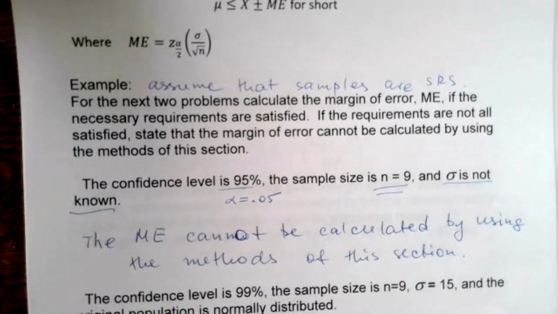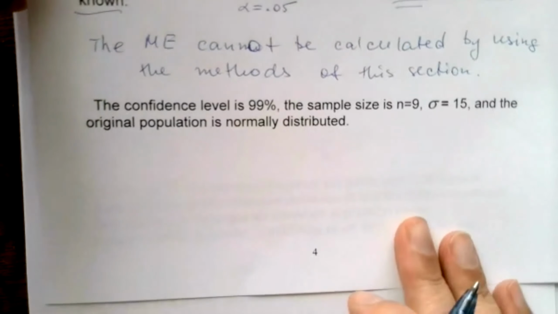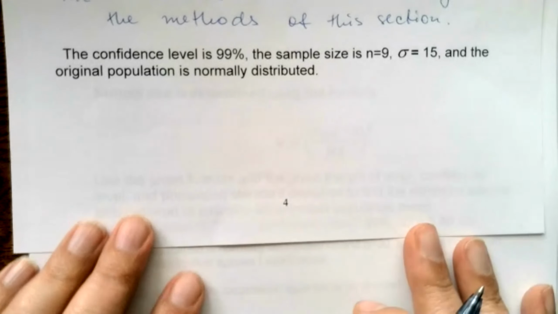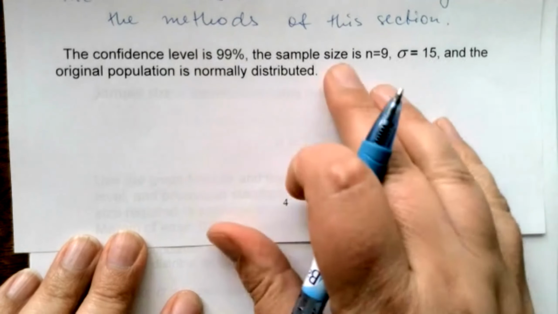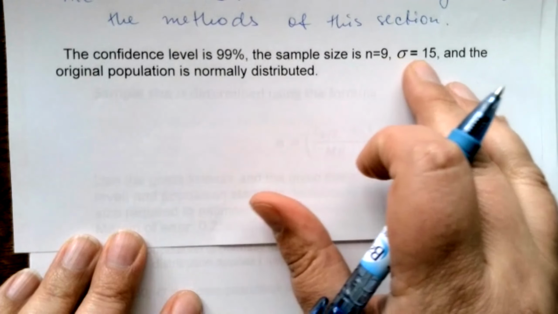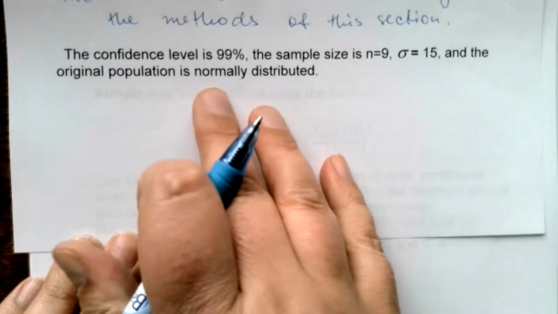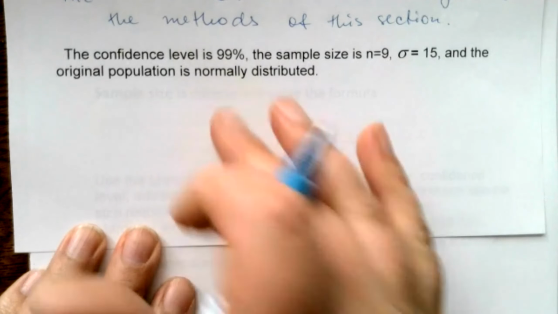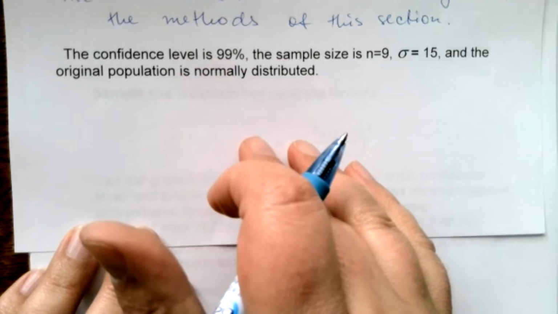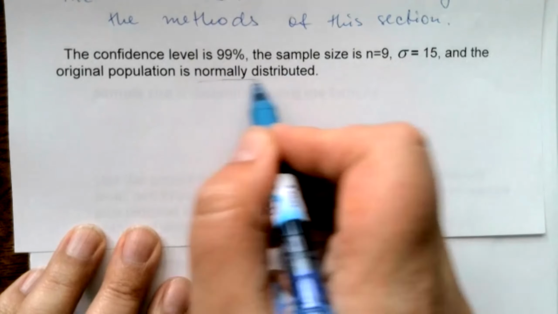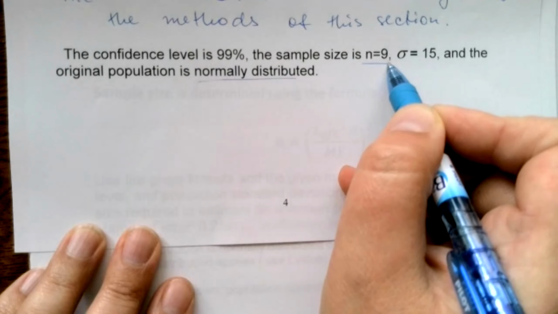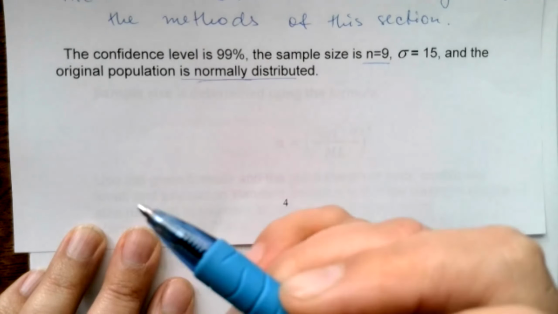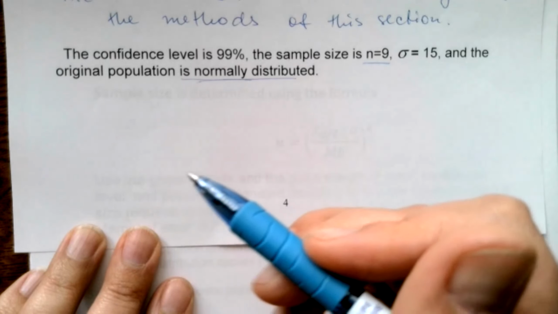All right, let's proceed to our next question. It says the confidence level is 99%, the sample size is 9, sigma is 15, and the original population is normally distributed. So even though the sample is small, we have a normal distribution, which ensures that we have a normal distribution of sample means.